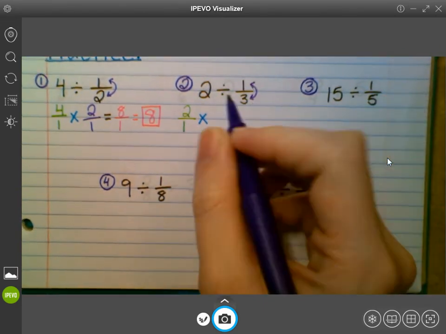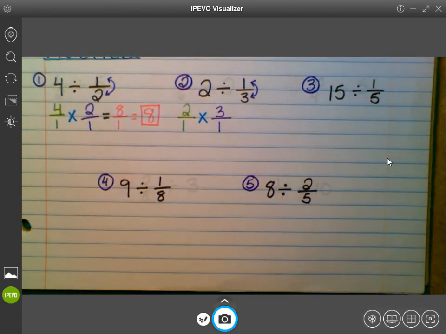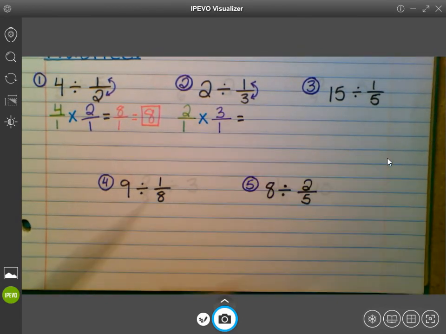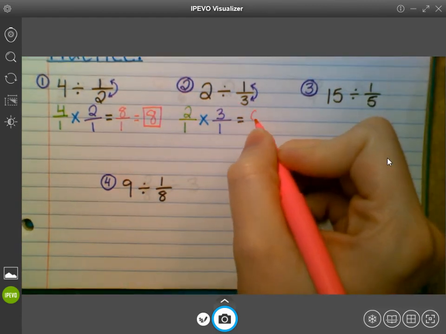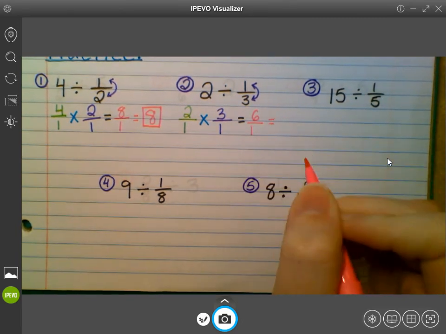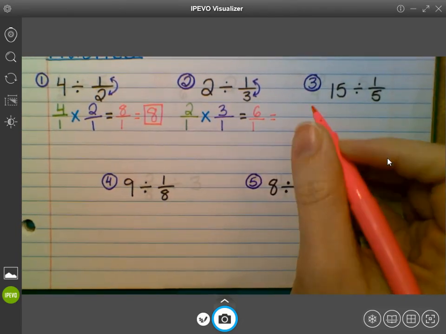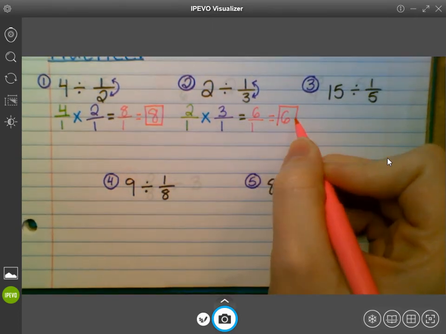So instead of 1 over 3, I have 3 over 1. When I multiply them together, I multiply the two numerators. 2 times 3 is 6. 1 times 1 is 1. And 6 over 1 is the same as what, 5th grade? 6. Give me a thumbs up if you got 6 as your answer for number 2.